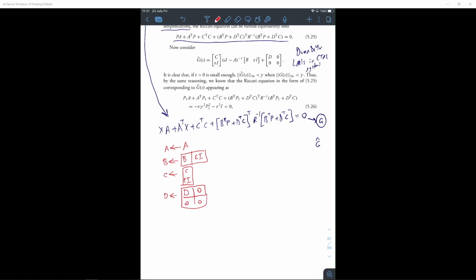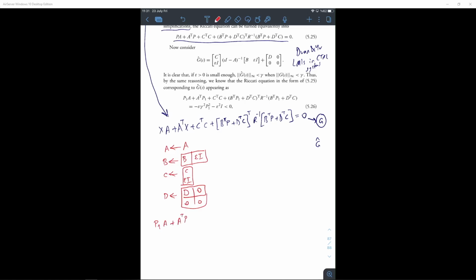There exists a P1 matrix, A plus A transpose X, X1 plus, or I should use P like they did in the book.